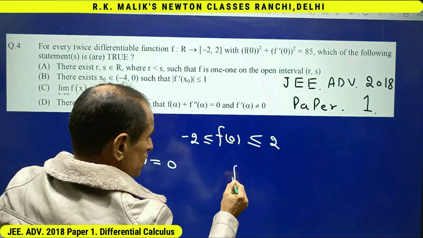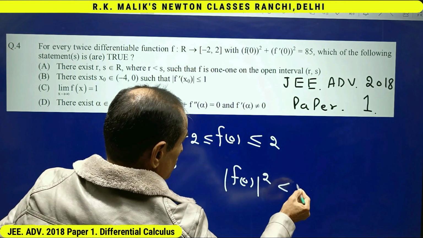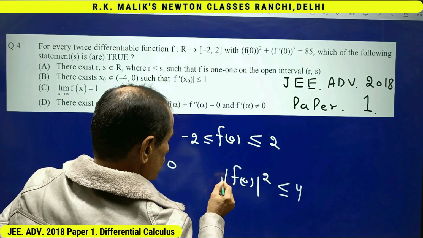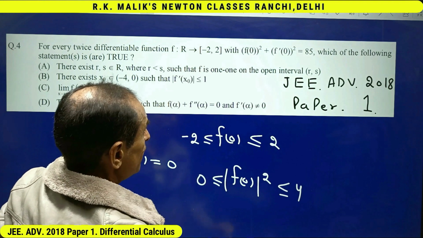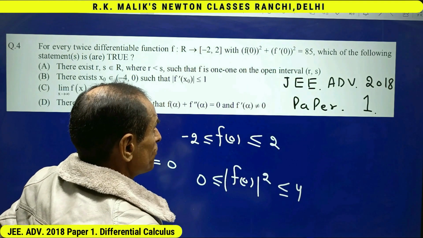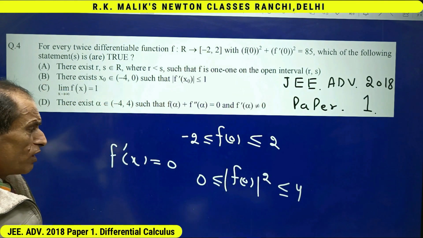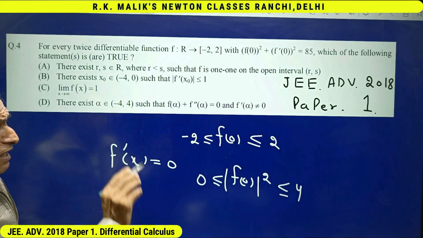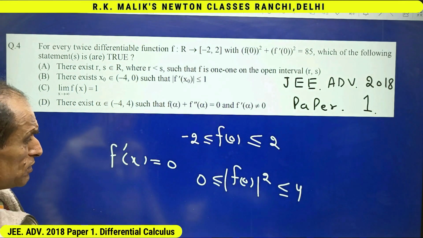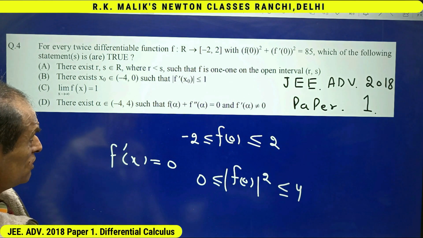Hence f(0)² will be surely less than or equal to 4. Hence f(0)² = 85 will become impossible if I take f'(0) as 0. Hence f'(0) cannot be 0. That is, the function is not a constant function.